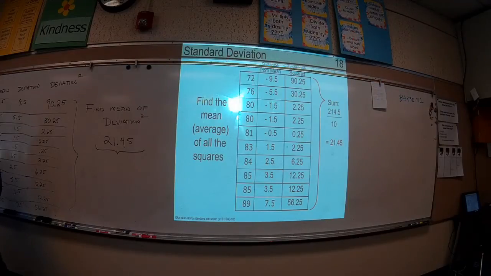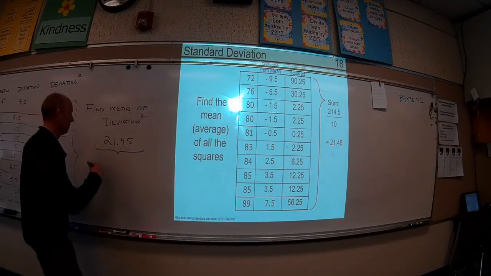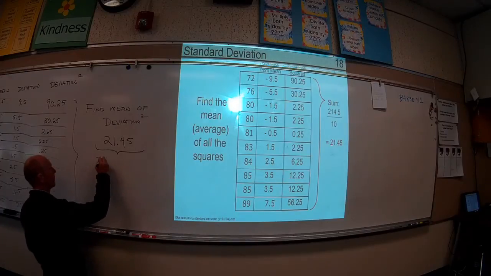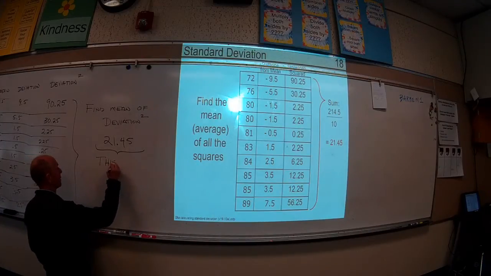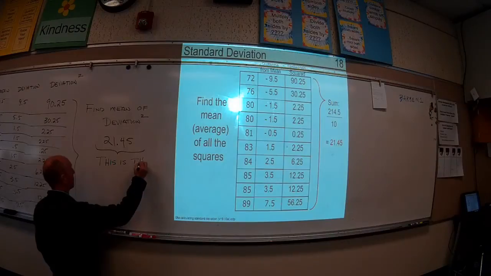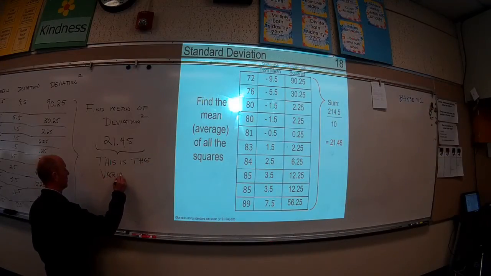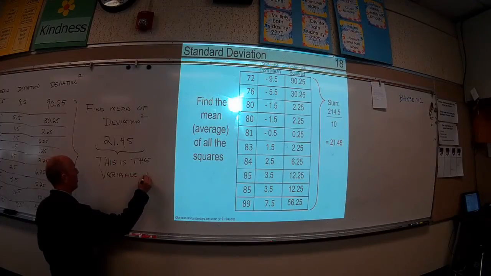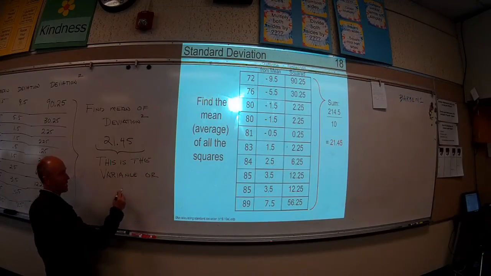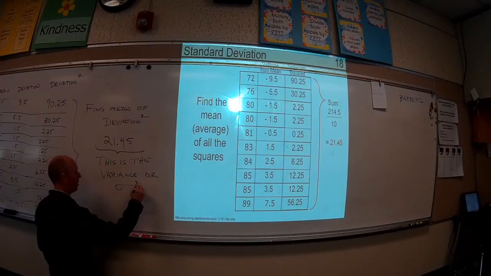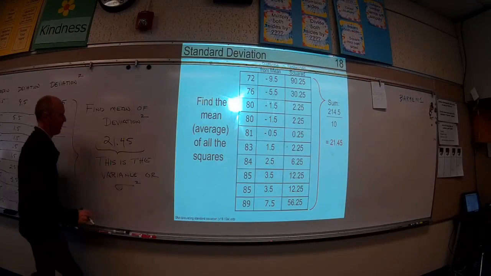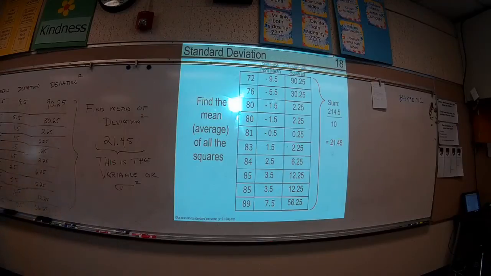This is the variance. Ready? Take a letter B, put it on its side, and square it. This is called sigma squared. This is the variance, or sigma squared.